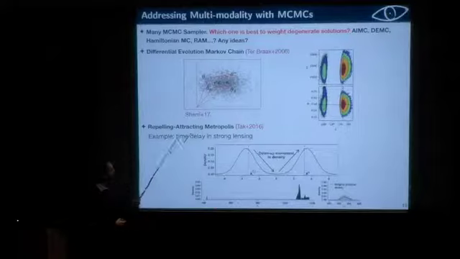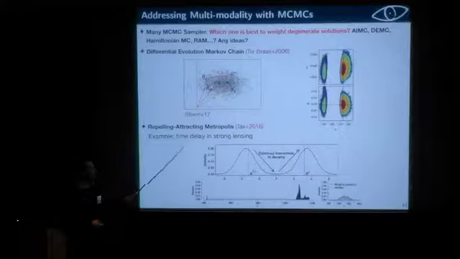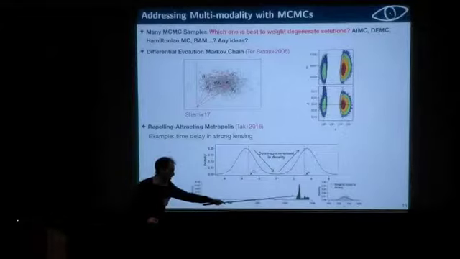So it works very well, for example, in the paper I read on time delay in strong lensing. This is what you see here, and the modes are really very separated.